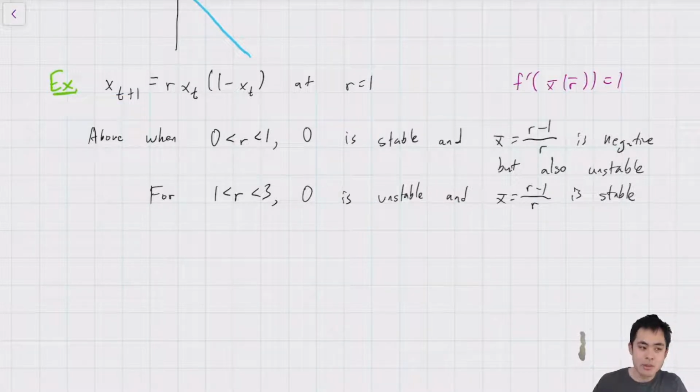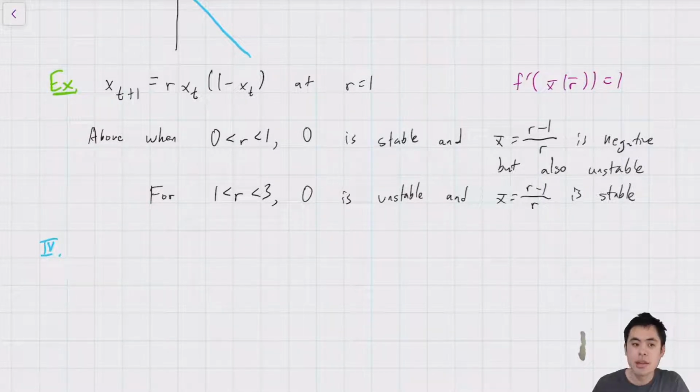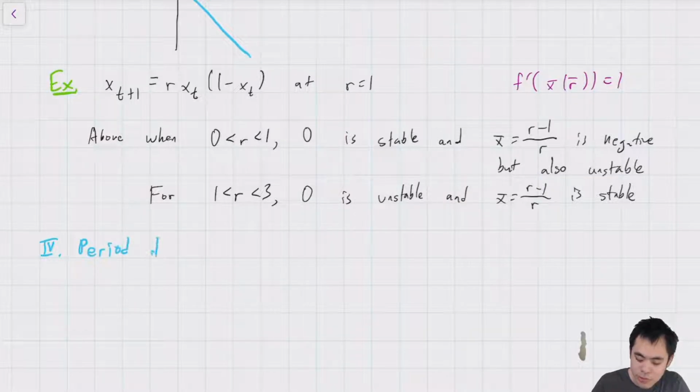Okay, and we have a final fourth type of basic bifurcation. This is one that actually only exists for difference equations and doesn't exist for differential equations. This is called the period doubling or flip bifurcation.